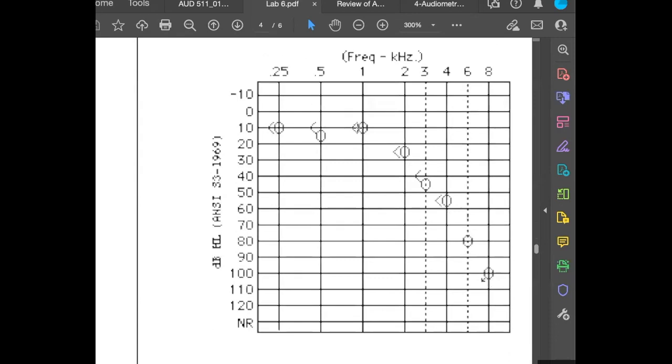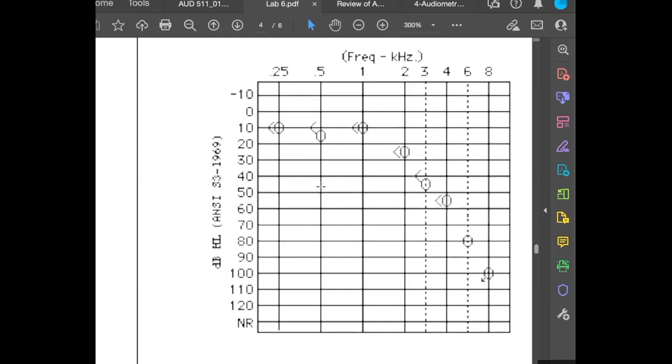All right, so here we're looking at a right ear. And then we're looking at unmasked air conduction responses opening up to the right. Okay, so we can see that the air conduction responses and the bone conduction responses are lining up pretty well.